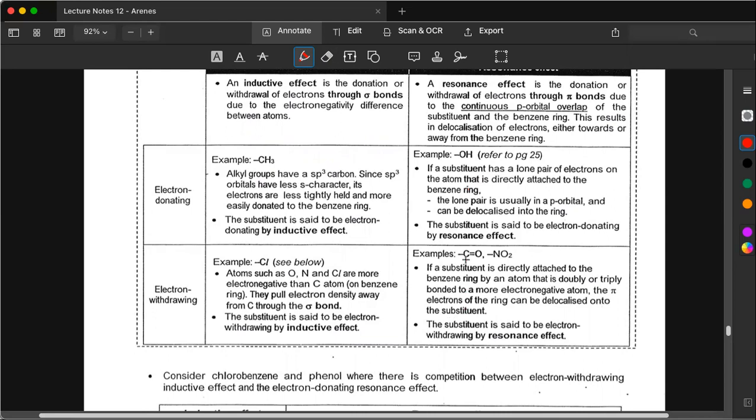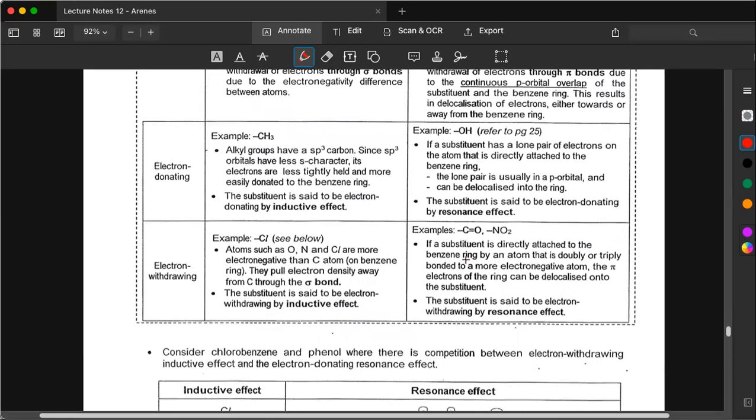However, if we have C double bond O carbonyl and NO2, they are directly attached to the benzene ring by the atom that is doubly or triply bonded. All right. In this case, the pi electron of the ring can be delocalized because they are electronegative, right, because of the O here, the N and O. So the electrons in the pi bond system of the ring can go into them.